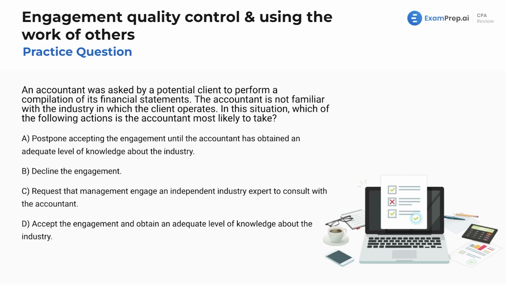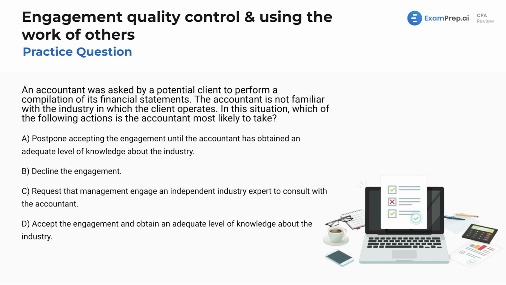I can always hire a specialist, obtain industry knowledge, or gain experience. I don't have to say no to an audit just because I haven't worked in the industry before.